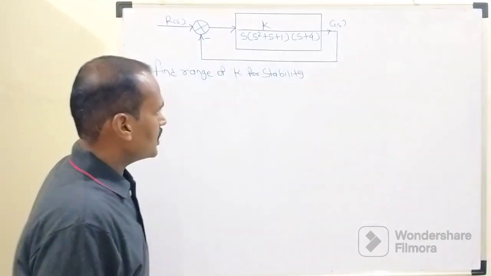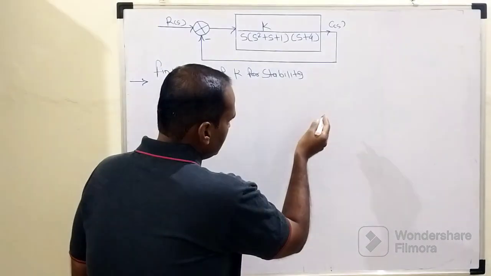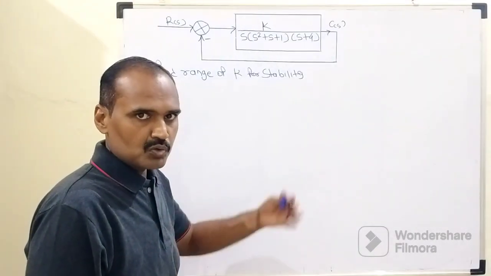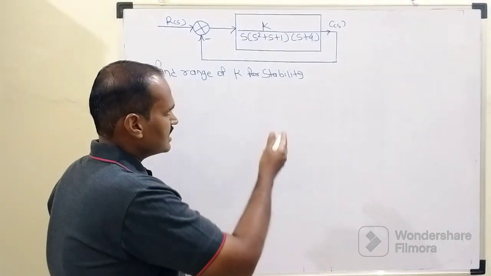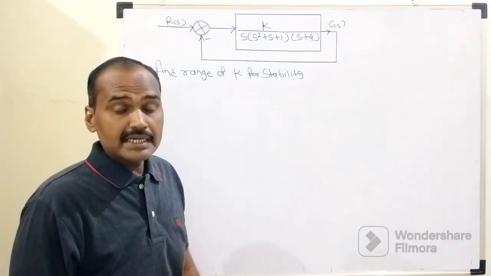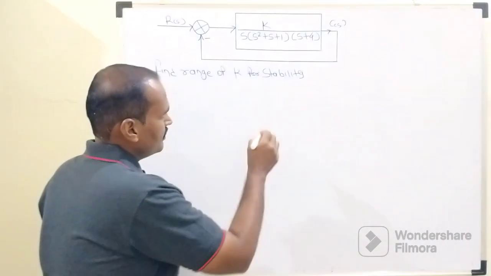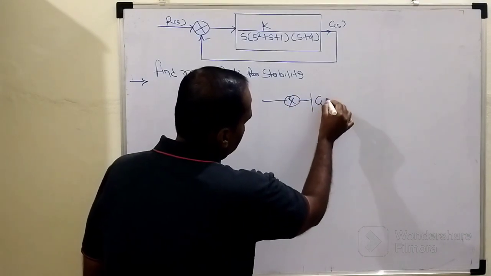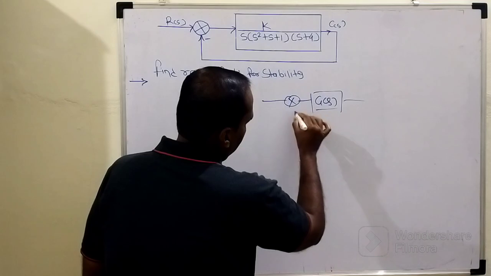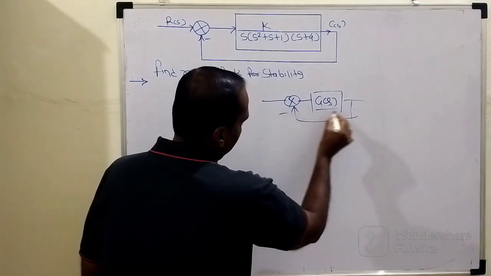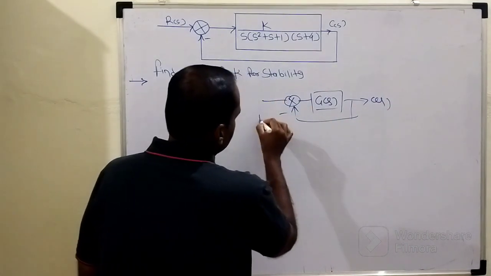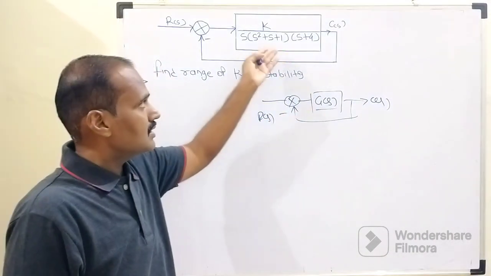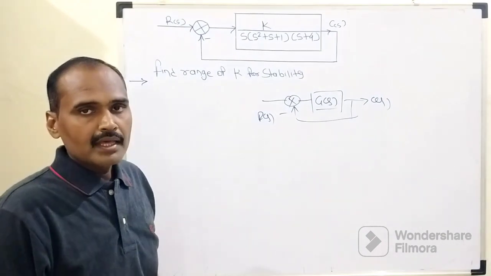So quickly we need to recall how the closed loop transfer function is determined for a unity gain feedback system. This is the gain of the forward path, and this is the unity gain feedback with the negative sign, with output C and input R, which looks similar to the objective given in this problem.